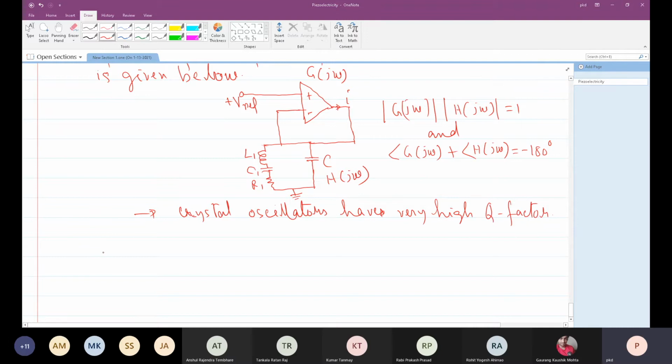Very high Q factor. So typically, quartz is used for crystal oscillators because quartz crystals are available as large single crystals. The mechanical resonance has to be pure.